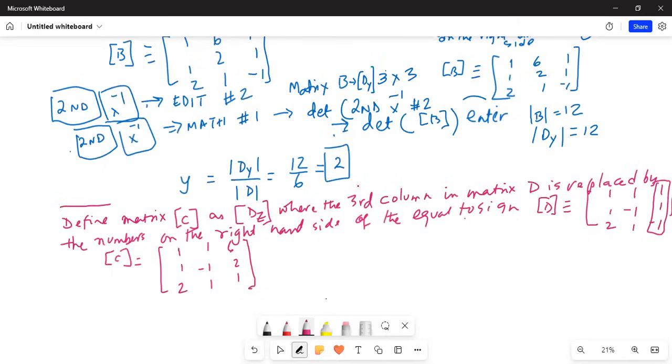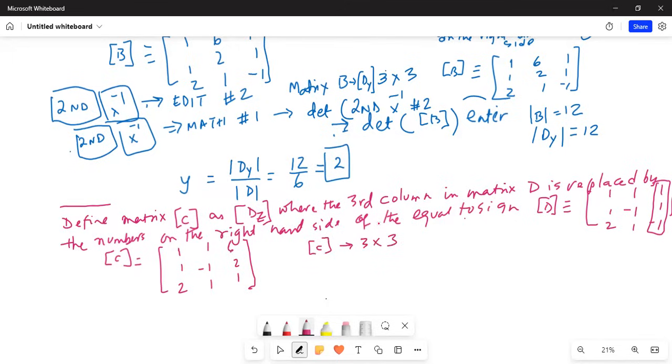So again, we have to edit. Second matrix, x minus 1. Then we go down to edit, then number 3, C, make matrix C a 3 by 3 matrix. So 3 enter, 3 enter.